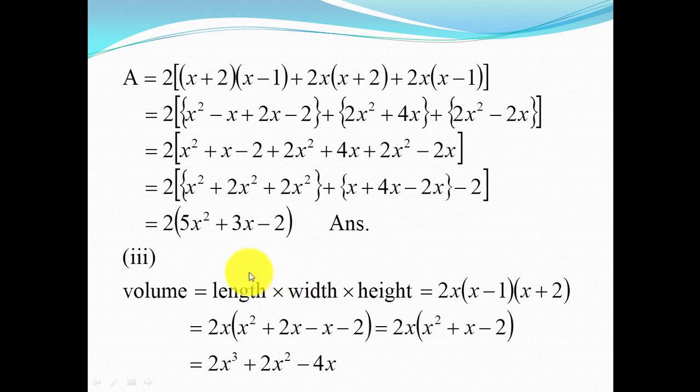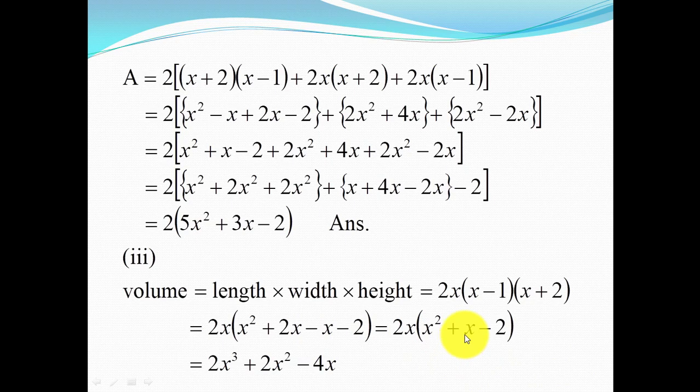And the third part is we have to find the volume of the rectangle. We know that the formula of volume is length multiplied by width multiplied by height. Putting these values and multiplying, we first multiply these two expressions in the round brackets, and after simplification we get this.